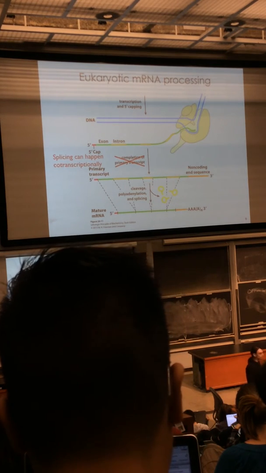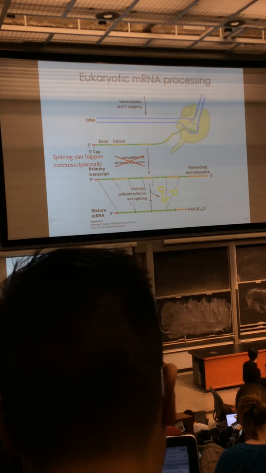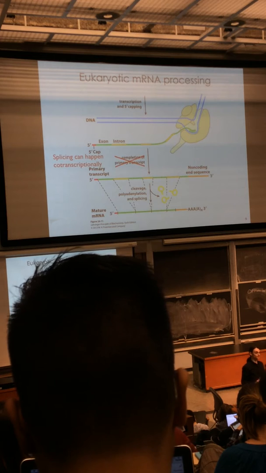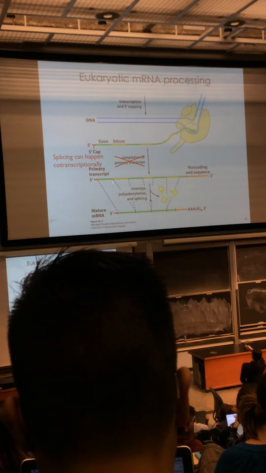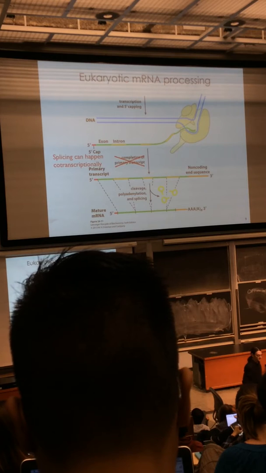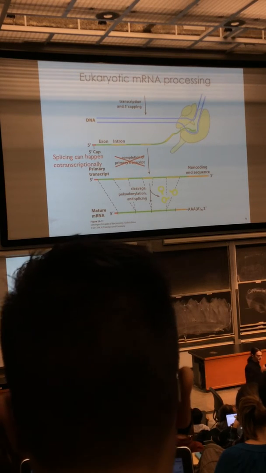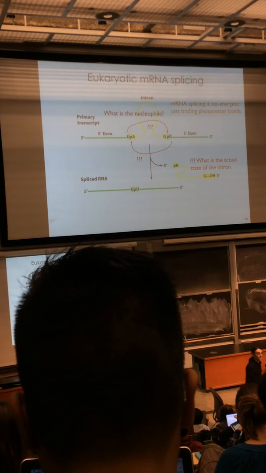co-transcriptionally. So the process of splicing is removing these intron sequences, which can be substantially larger than the exons, and connecting together the 3' end of one exon to the 5' end of the next exon. And so when we think about it chemically, some parts of this are easy.